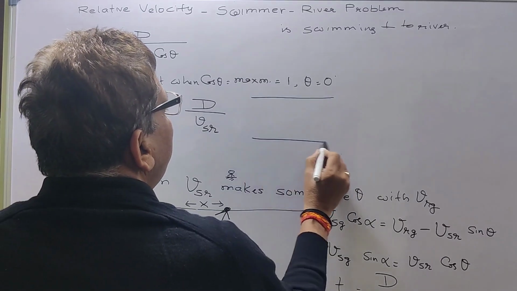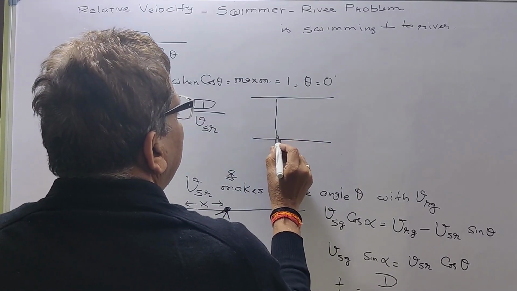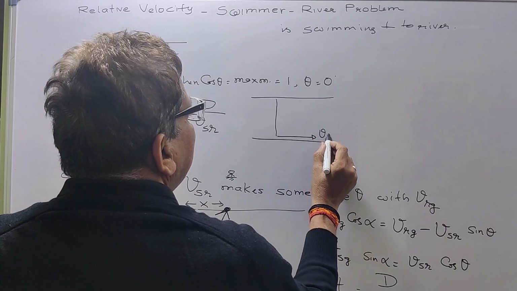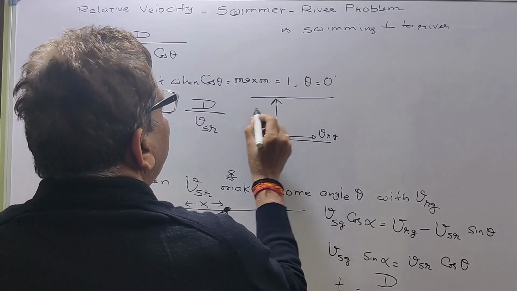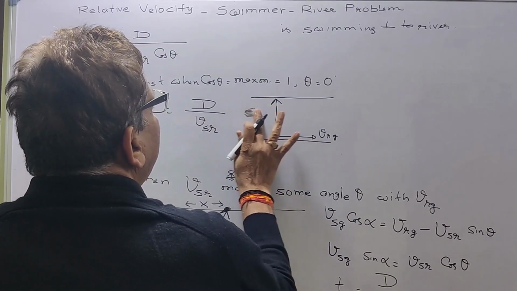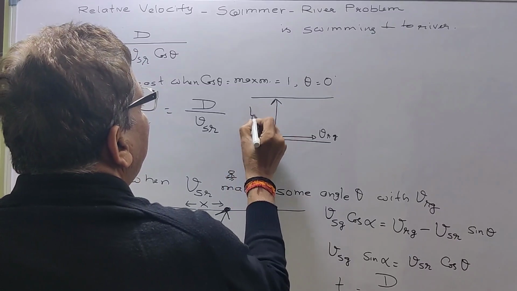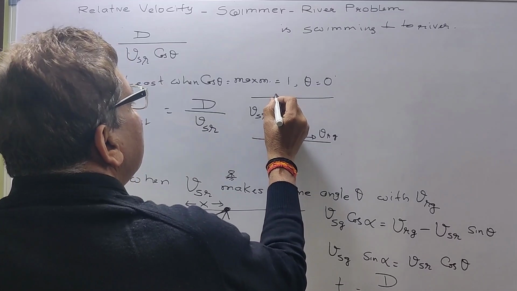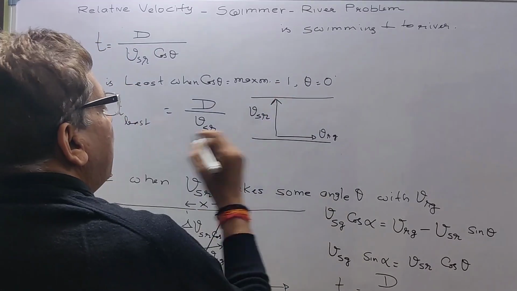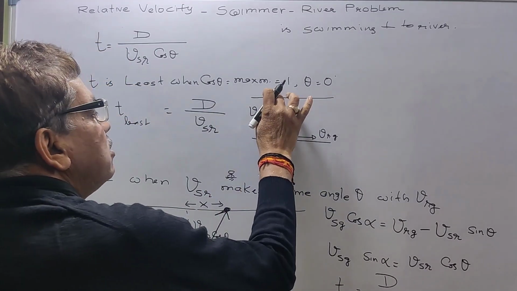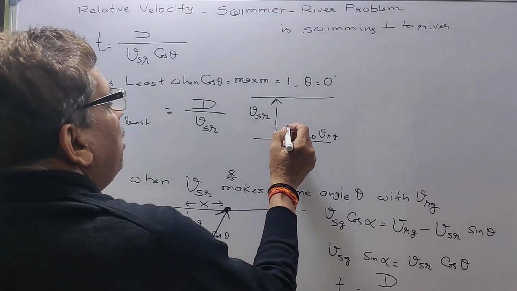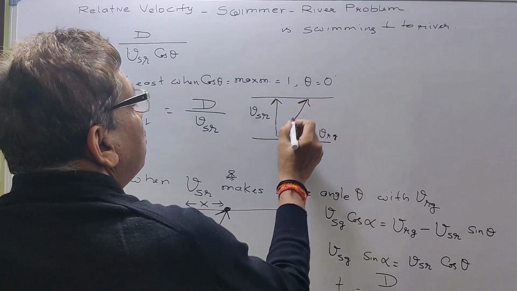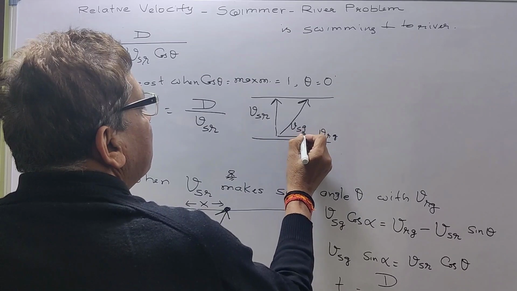Now in this situation what will happen? The swimmer will always be flowing. You can take this is VRG, and this will be direction of VSR, and he will be reaching in least time. He will be crossing in least time, but he will not be reaching just opposite to his start point. He will be reaching somewhere here. Why? Because this is the direction of VSG.